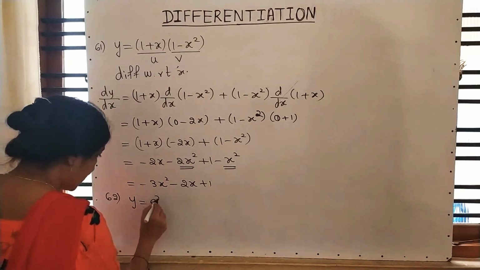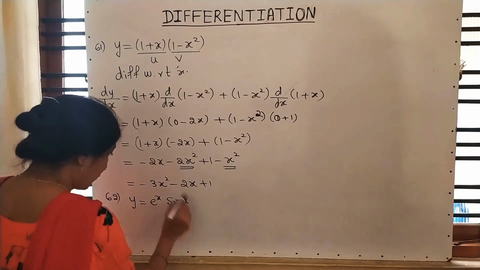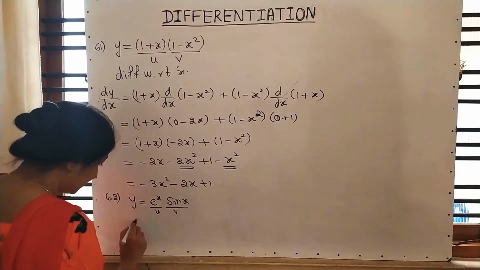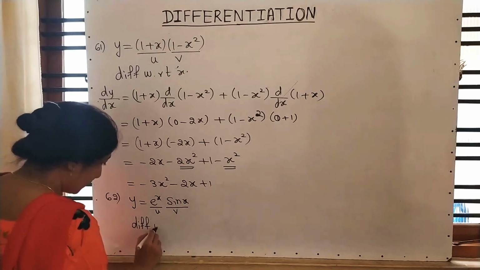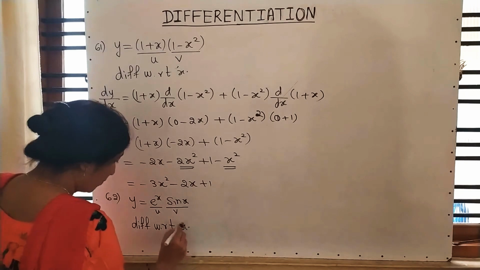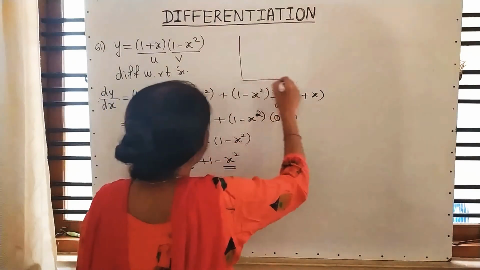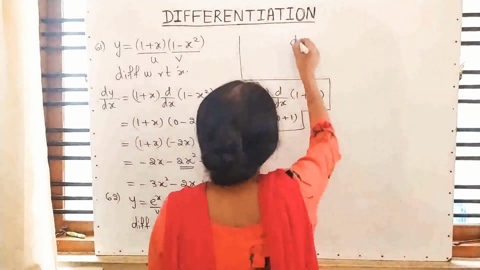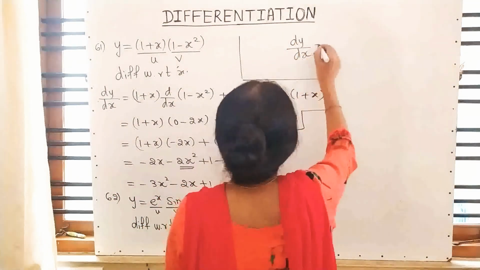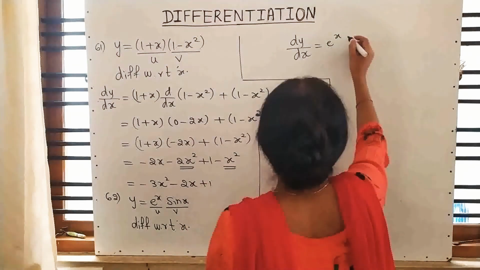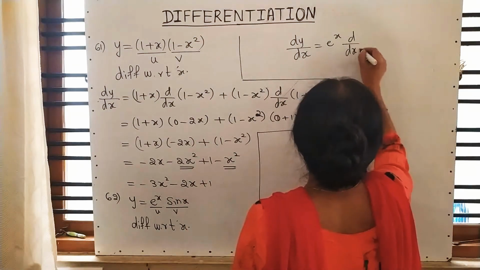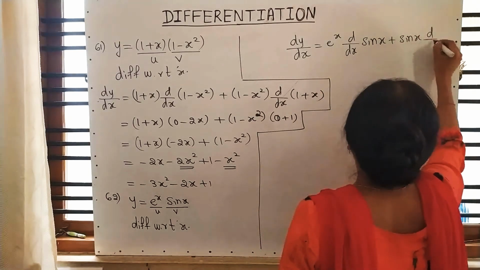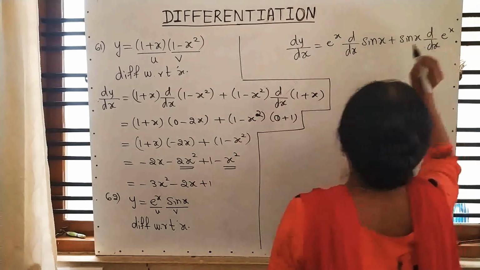e raised to x into sin x. Yes, have you remembered which formula is applicable? This is u, this is v. Differentiating with respect to x. First apply the formula. dy upon dx is equal to e raised to x into differentiation of sin x plus sin x into differentiation of e raised to x.